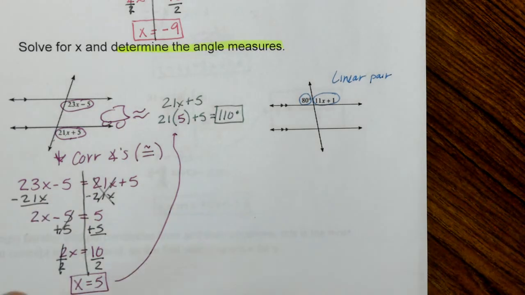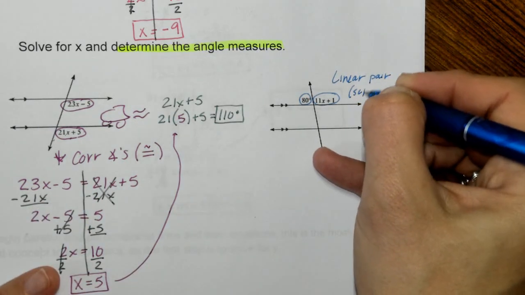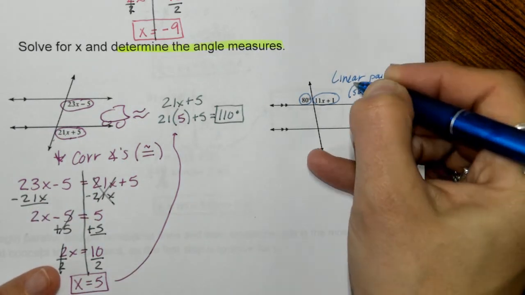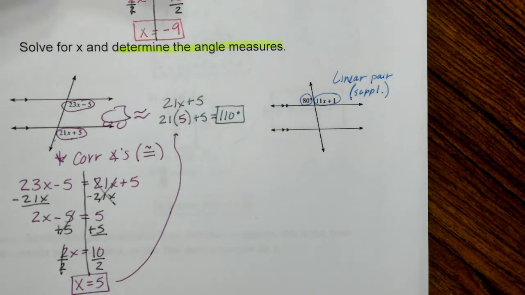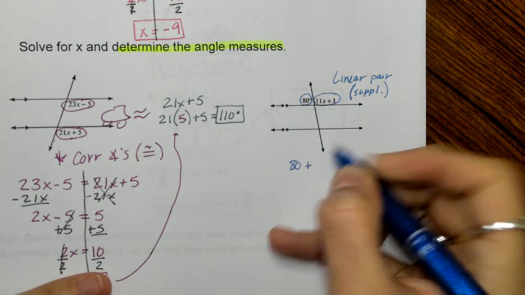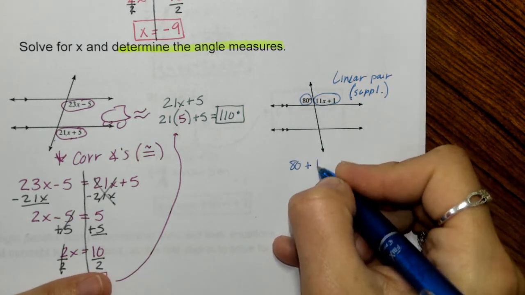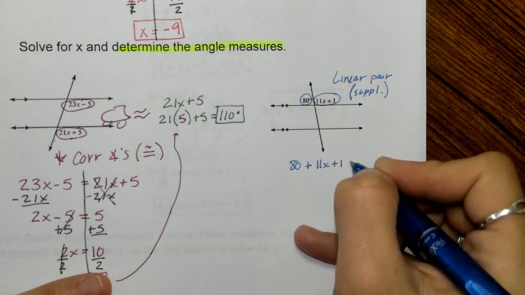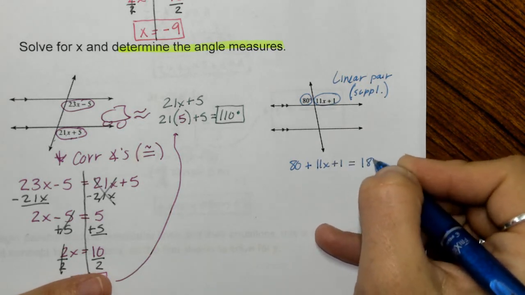And that linear pair, we remember, is going to be supplementary. So adding to equal 180 degrees. So we remember that if 2 things are supplementary, we're going to add them to equal 180 degrees. So I'm going to take that 80 plus that 11x plus 1, all set equal to 180, that magic number.